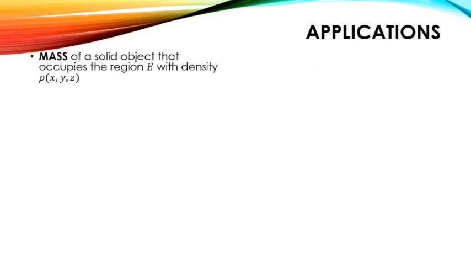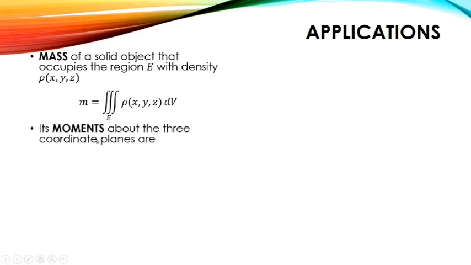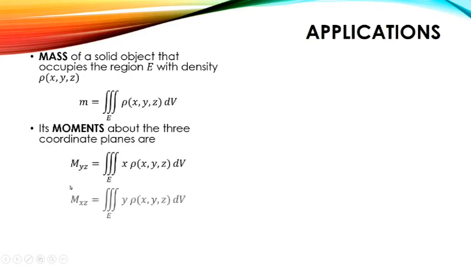So other applications: finding the mass of a solid object that occupies the region E with density function rho of x, y, z. The mass is equal to the triple integral of the density function dV over the solid region E. And the moments about the three coordinate planes are the following.